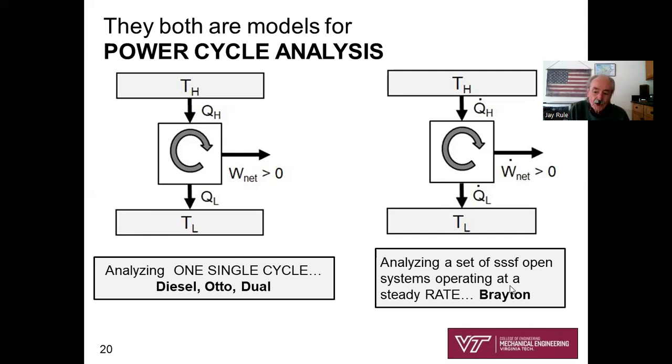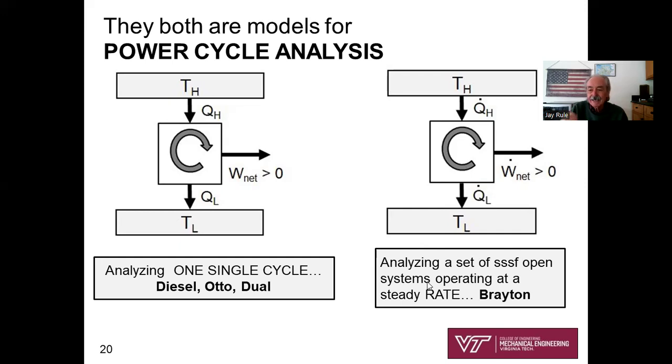For a gas turbine engine model, which is the Brayton cycle model, you think about the way a gas turbine engine works. It's a set of steady state, steady flow open systems. There are 4 components, and they're all tied together and operating at a steady rate. And so you're going to be analyzing steady state, steady flow open systems.